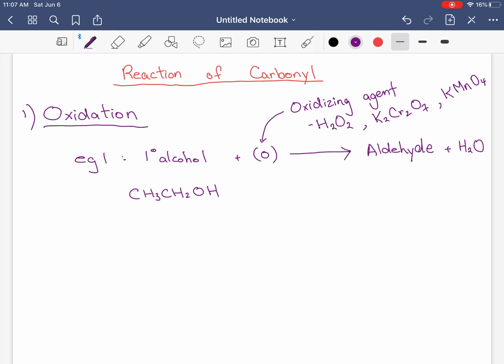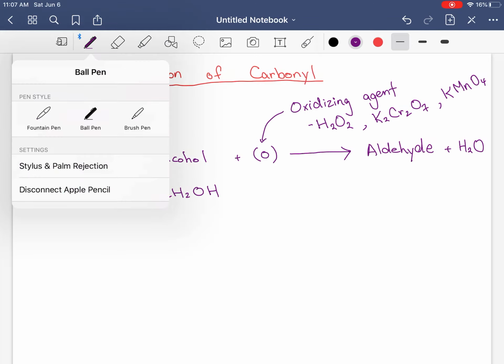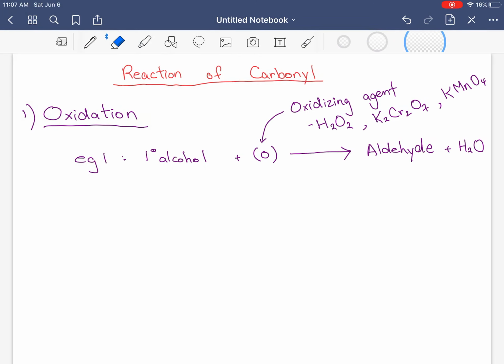So if you were to oxidize ethanol, let me draw this. Because other than memorizing these reactions, I want you to understand these reactions. Here it is. Here's ethanol. And here's an oxidizing agent.